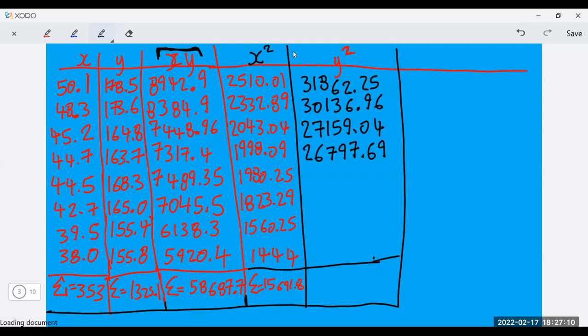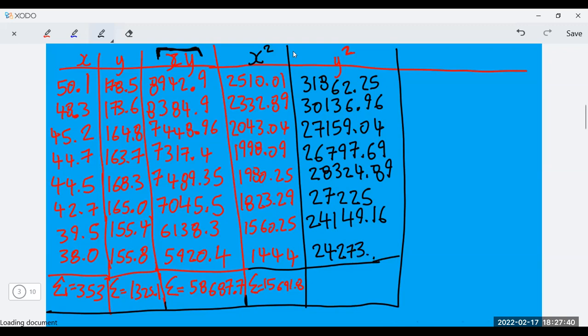Then 168.3, I will square it, we get 28324.89. And we get 165.0, I will square it, we get 27225. 155.4, I will square it, that's 24149.16. And 155.8, I will square it, we're going to get 24273.64.